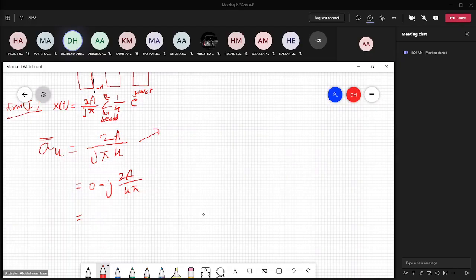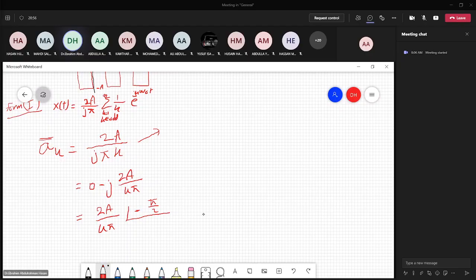In polar, since x equals 0, it is equal to 2a divided by k pi, without the minus. For the angle, again rectangular equals 0, then it is equal to minus tan inverse of this divided by 0, which is equal to pi over 2.